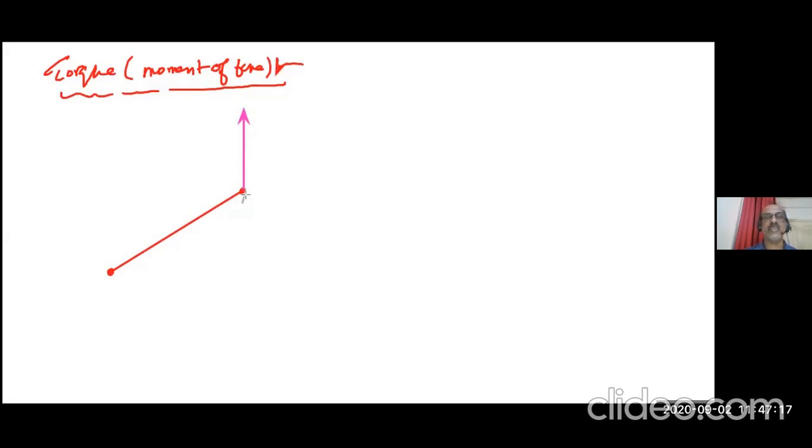We extend it to a perpendicular distance. See, the perpendicular distance from the fixed point to the line of action of force. It's a dotted line. This is the perpendicular distance between the fixed point and the line of action of force. And here also this is a dotted line.